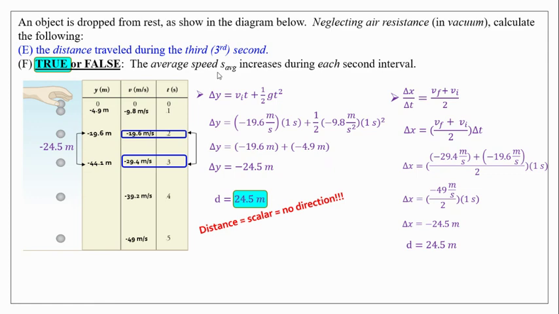The time during each second is just 1 second, so it stays constant. But the d in the numerator is what you're assessing. As it falls, it picks up speed, and during each second, it picks up speed, therefore it covers more distance. So increasing d in the numerator would cause your value to increase as well. So this statement is true for that reason. The average speed increases during each second because the distance covered each second increases.